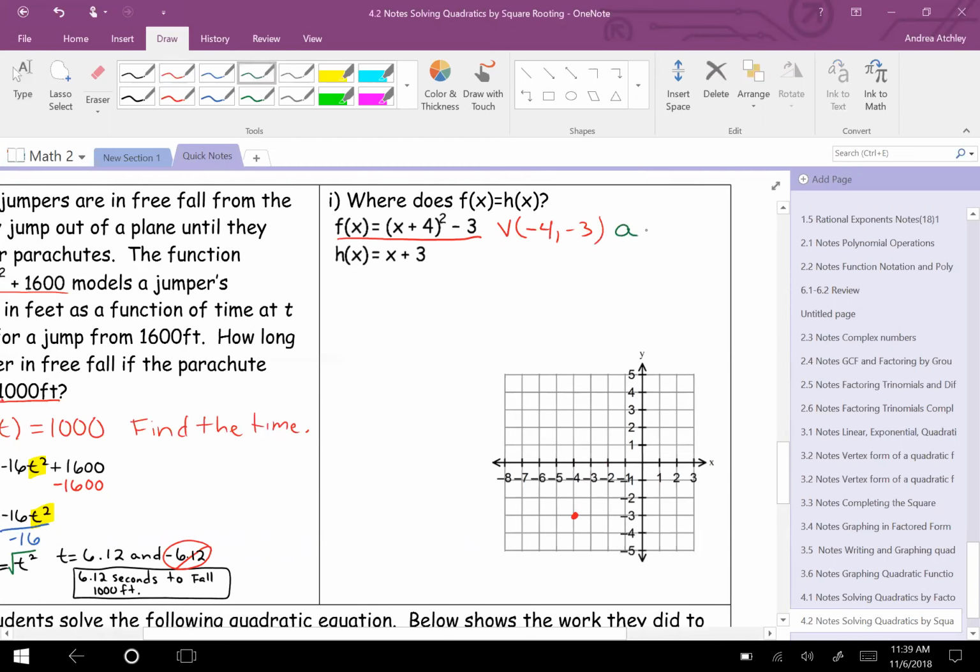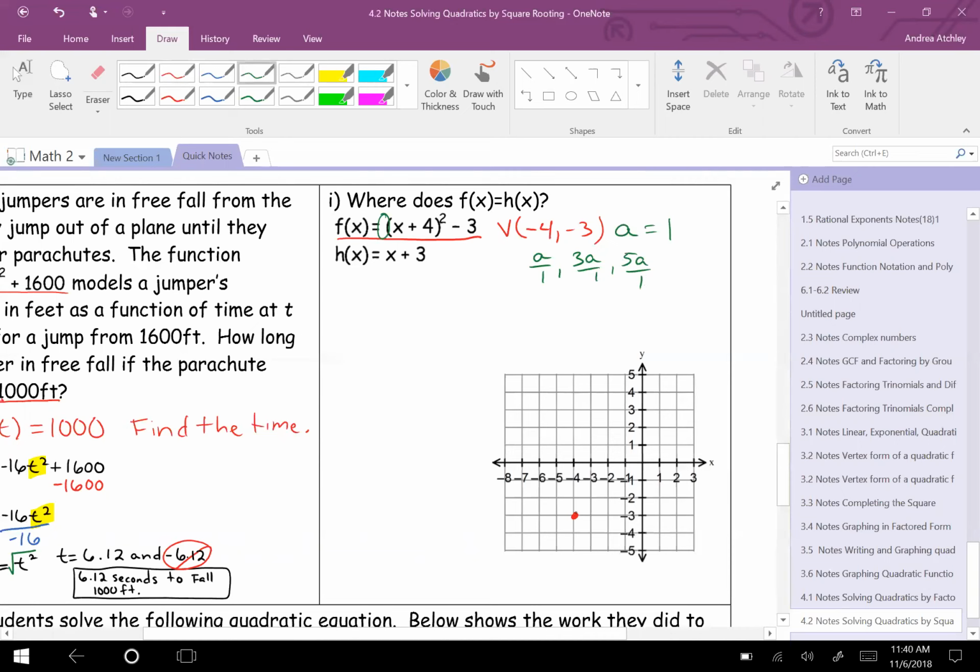Then we need to remember our a value. The a value is the number right here. Since there's nothing there, it's 1. Does anyone remember the pattern rate of change? What's our pattern rate of change here? Very good. That's a over 1, 3a over 1, and 5a over 1.